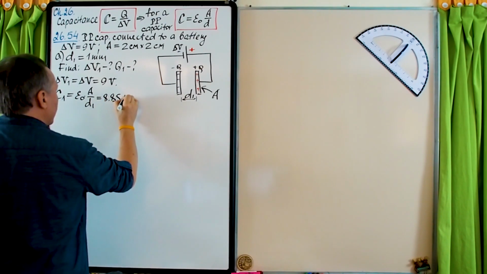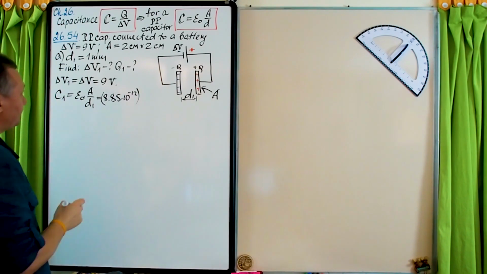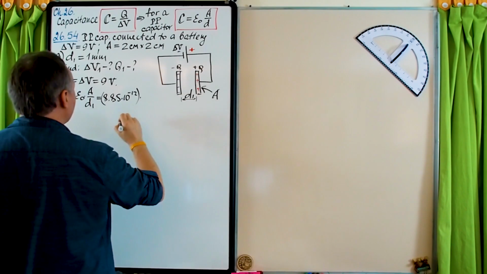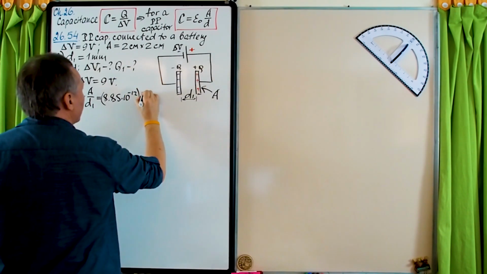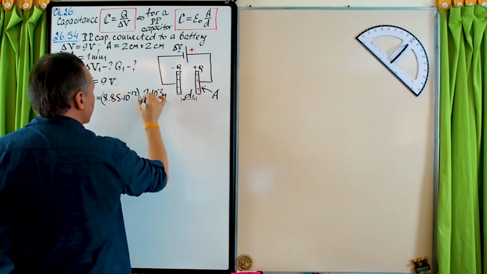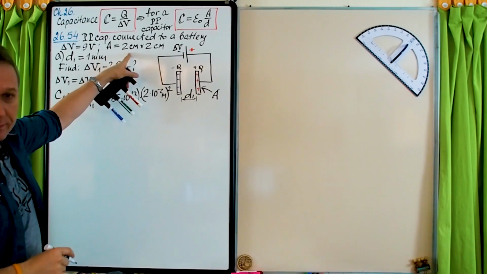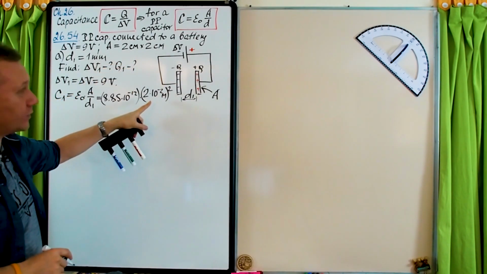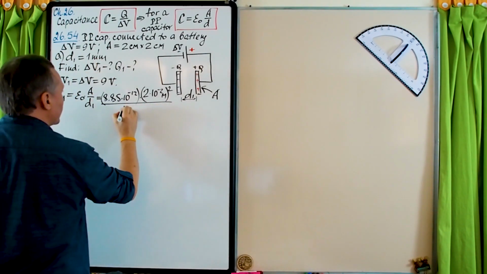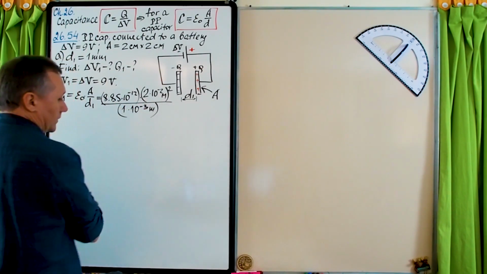I will write numbers, which I usually don't do. I will squeeze in 2 times 10 to the power of minus 2 meters, to the power of 2 because it's a square, 2 by 2, that's why I squared it. And divided by 1 millimeter, which is 1 times 10 to the power of minus 3 meters.